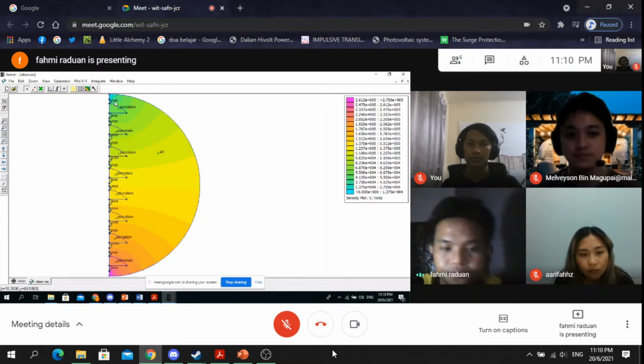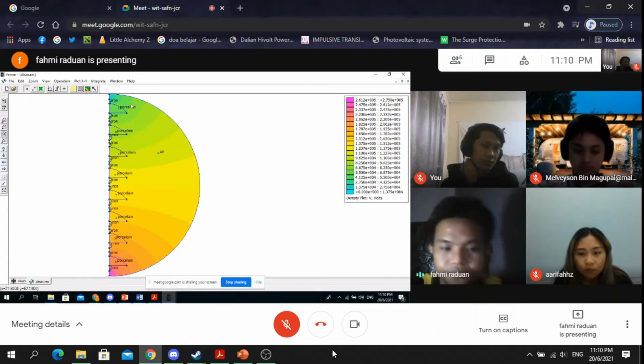So for the upper part, we set it as our ground, and the bottom part is for the voltage supply, which is 275 kilovolt. As we can see, in the upper part the voltage distribution is low, and in the bottom part the voltage distribution is high.